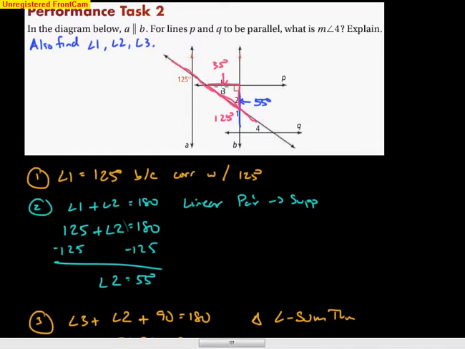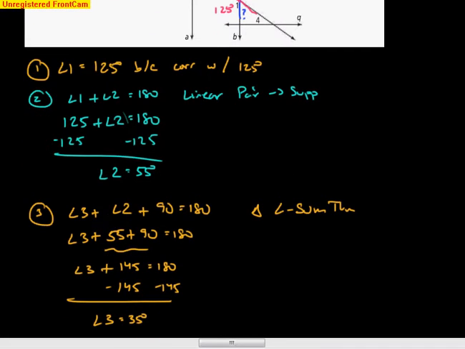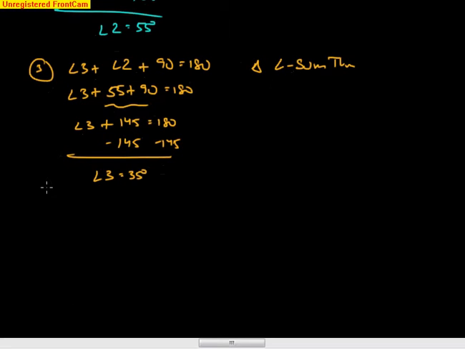Well, angle 4 requires a couple steps. First of all, there is this angle right here. I'll put a question mark. That angle is congruent with angle 2 because they are vertical angles. This is all part of finding angle 4.